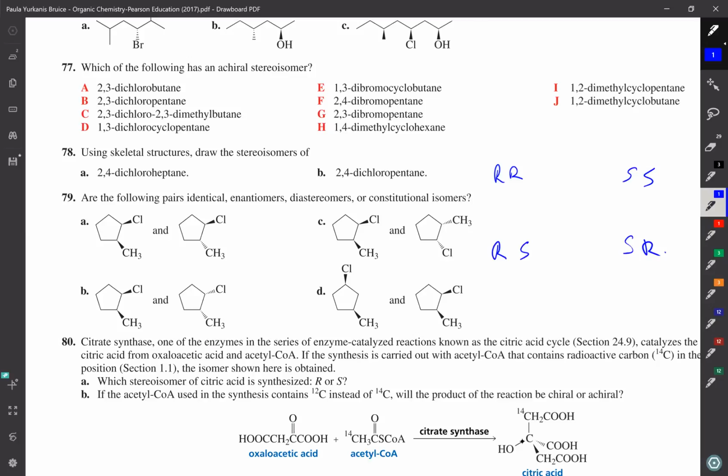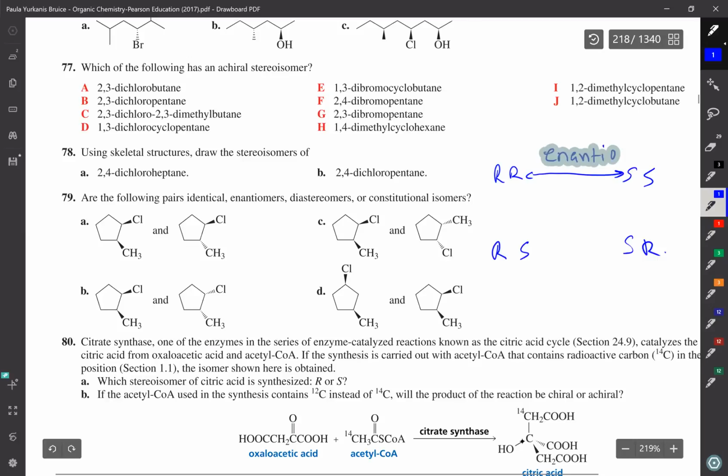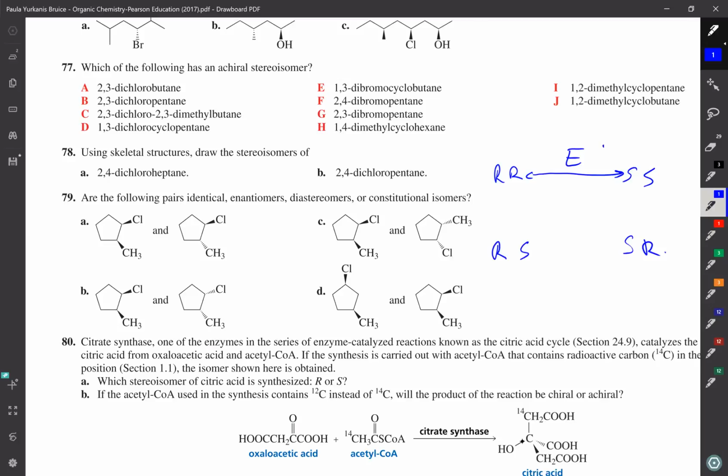If the centers are exact opposite of each other, that relationship is known as enantiomers. So I will call it E. Here, they are exact opposite of each other, so these are enantiomers.